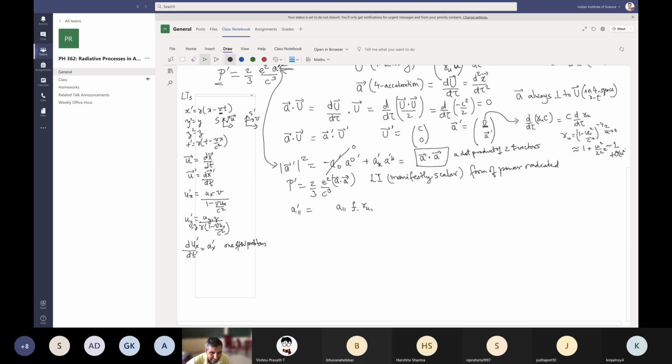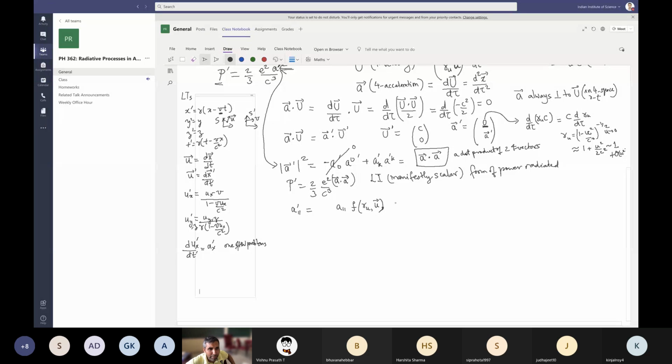There is no v in this case, because we are only considering a particle with velocity u in the lab frame. A function of gamma u, and what else? This is just tedious, it's not hard to do. You'll get some function like this.